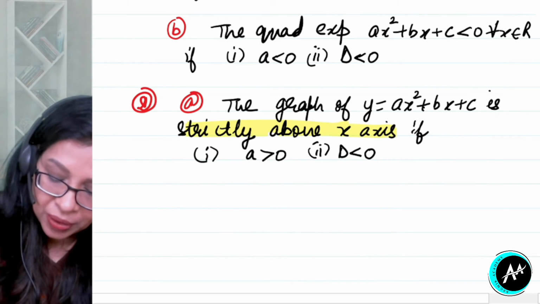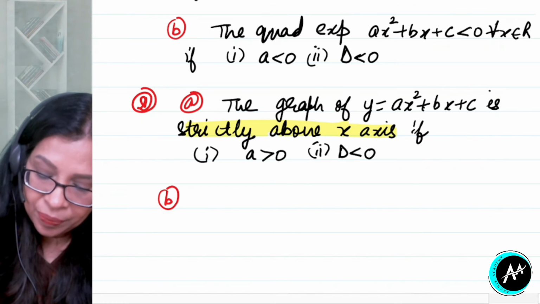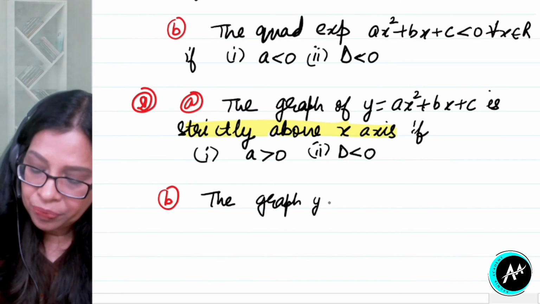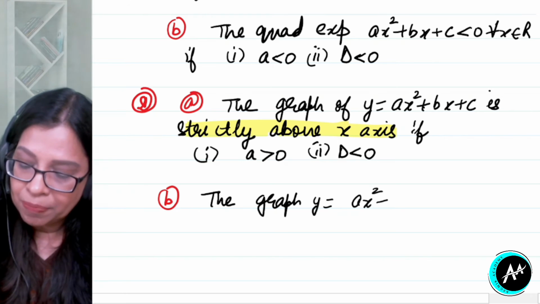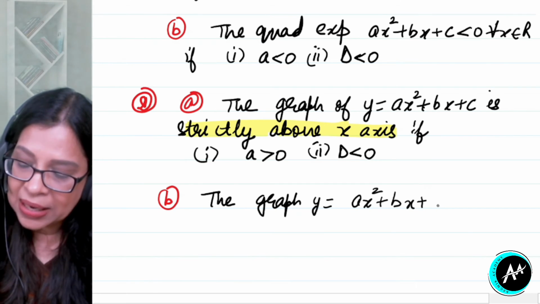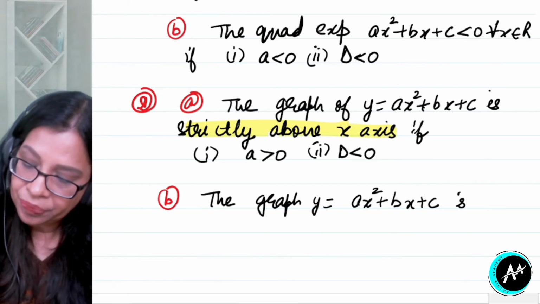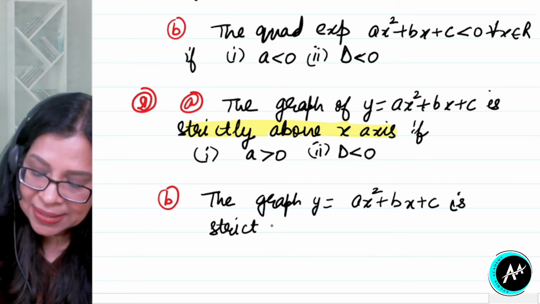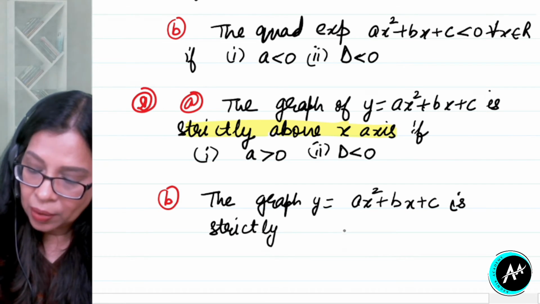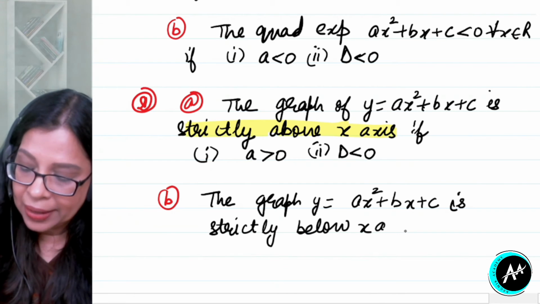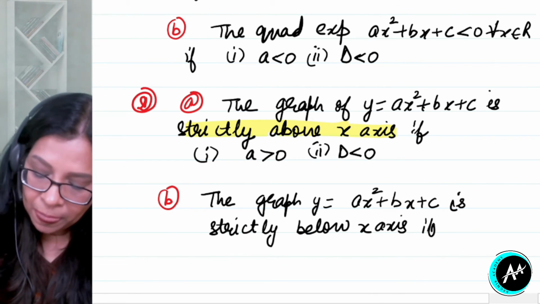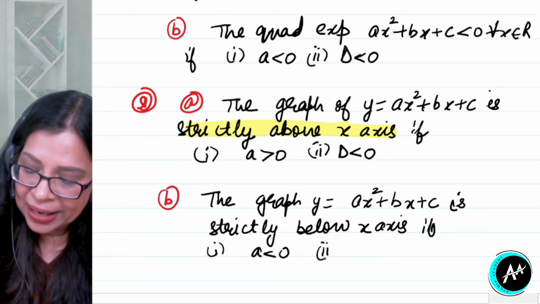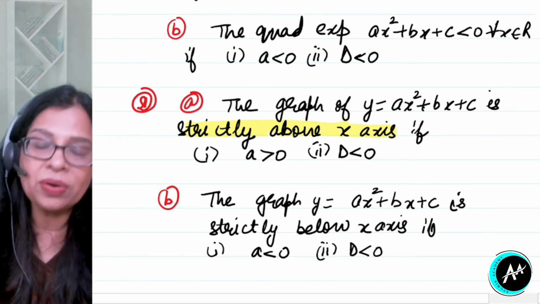b part. B part, we can say that the graph of y equal to ax square plus bx plus c is strictly below x-axis when, if we have two conditions, number one, that a is negative and secondly d is also negative.